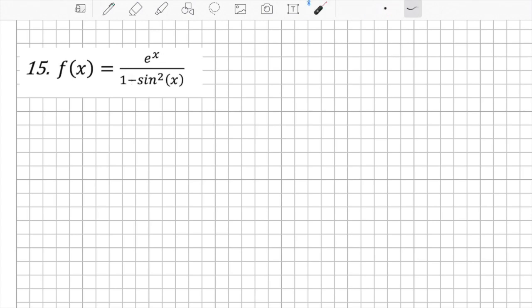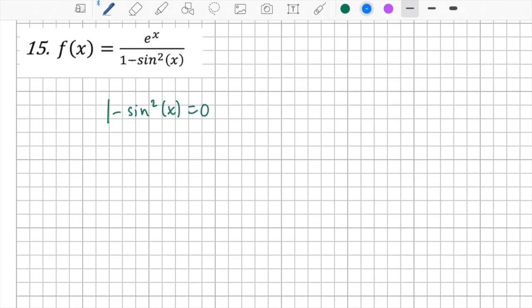Okay, last example. Again, we want to determine where this function is continuous. Again, we have a rational function, so what we want to do is set the denominator equal to 0. So we'll have 1 minus sine squared of x equal to 0. Now let's solve for sine.